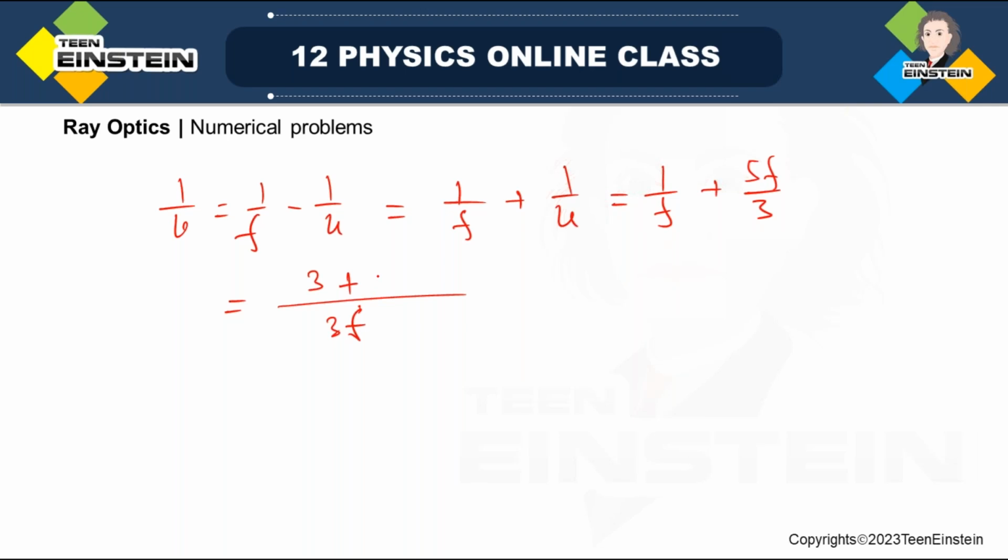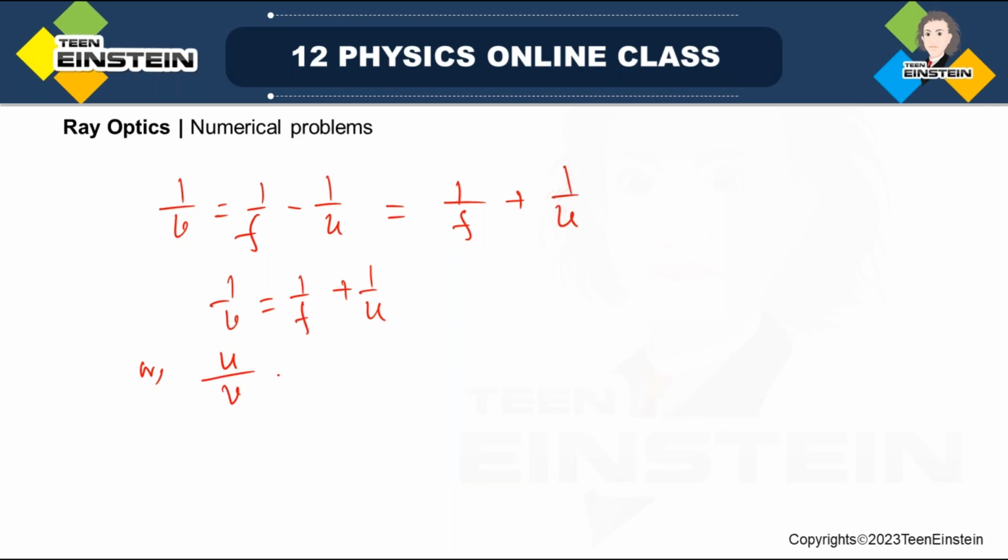Okay, I think it will be better not to go for the calculation here itself. So let us just do the tricks over here. Let me multiply u on both sides. 1 over v is equal to 1 over f plus 1 over u, right? Multiplying by u, u by v plus u by f plus 1.